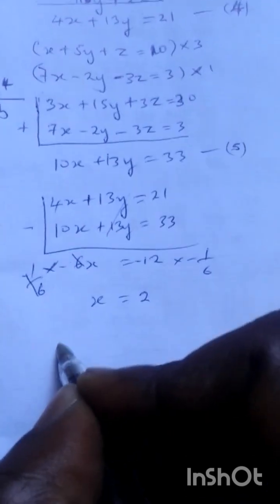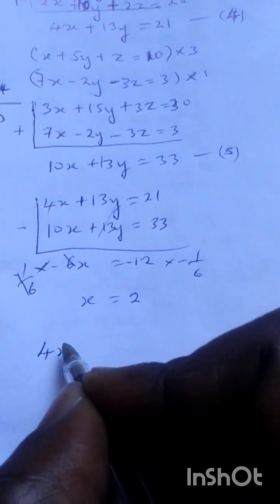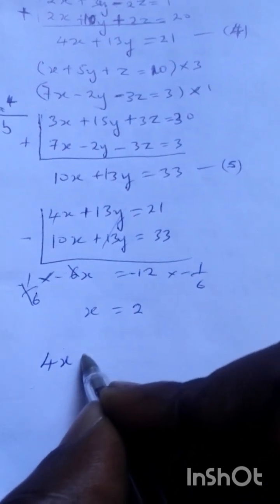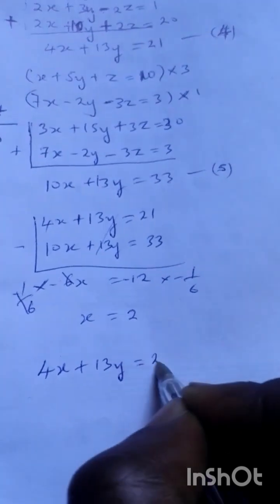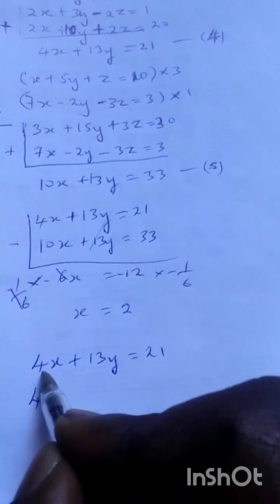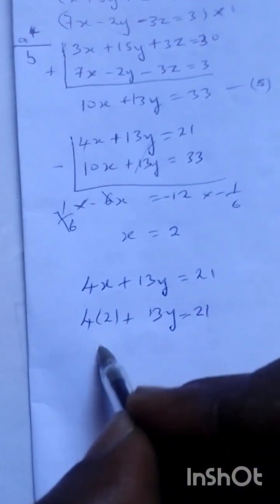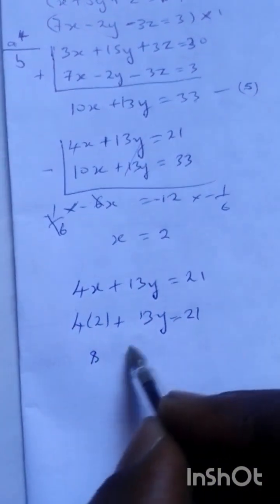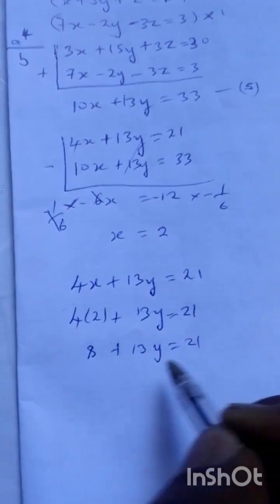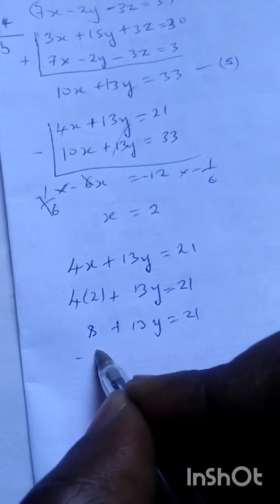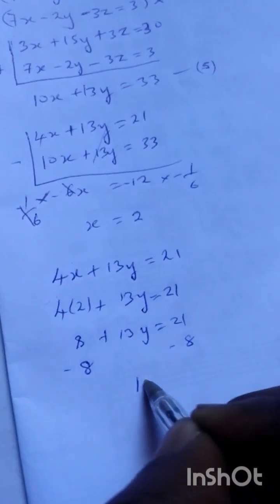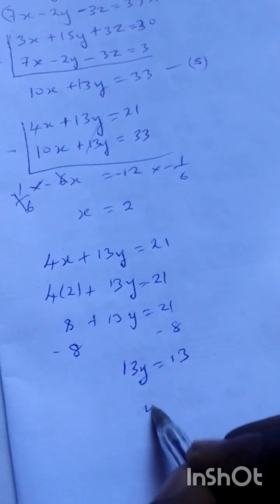Equation 4 is 4x plus 13y equals 21, and where there's x, I'm going to substitute 2. So 4 times 2 becomes 8, plus 13y equals 21. If we subtract 8 from both sides, we get 13y equals 13, and then dividing both sides by 13 gives me a 1.